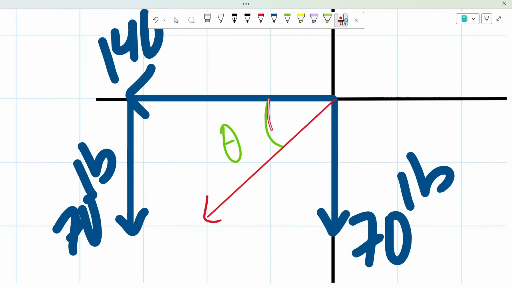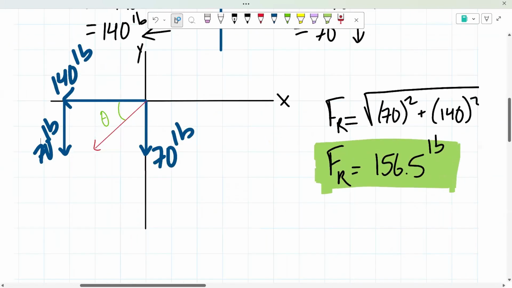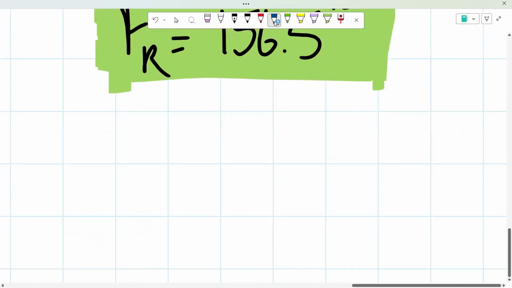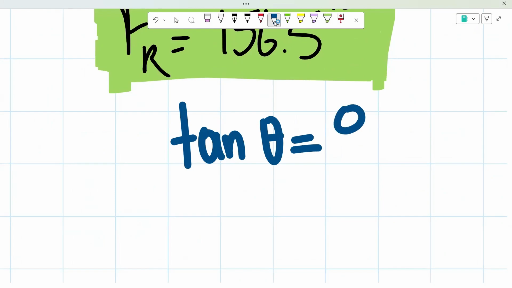So to find this angle, we know our opposite side of that angle. We know the adjacent side of that angle. So we're going to be working with tangent, since tangent is opposite over adjacent. So to find theta, we know that tangent theta is equal to opposite over adjacent.